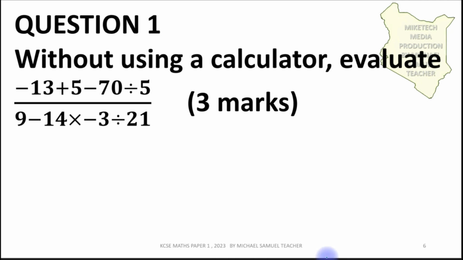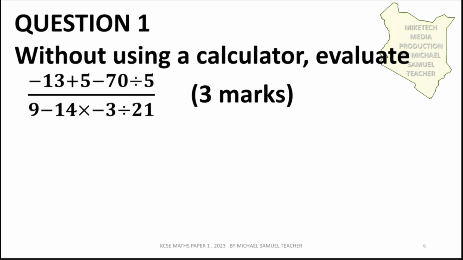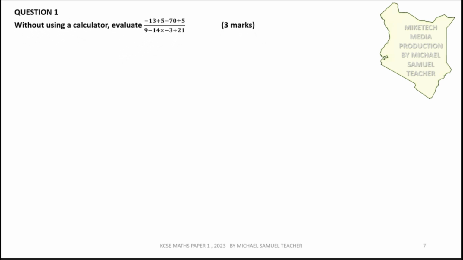In question 1, without using a calculator, evaluate minus 13 plus 5 minus 70 divided by 5, all over 9 minus 14 times minus 3 divided by 21. From this question we have the numerator and the denominator.